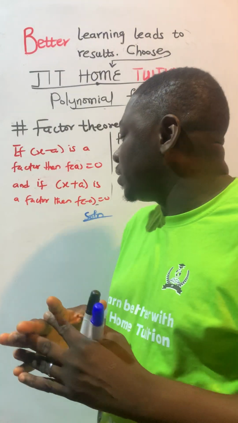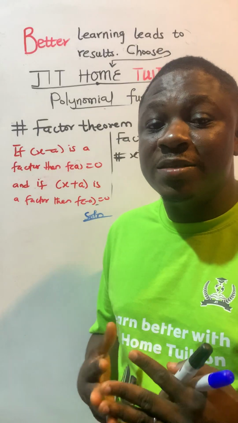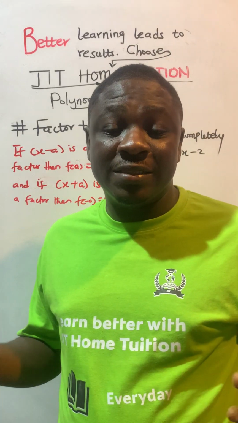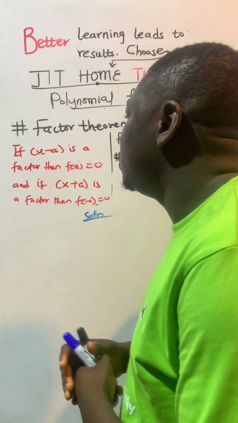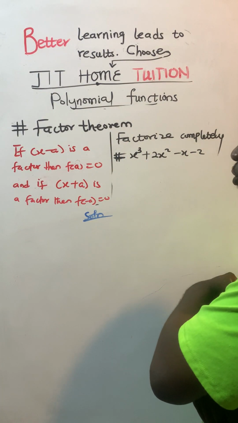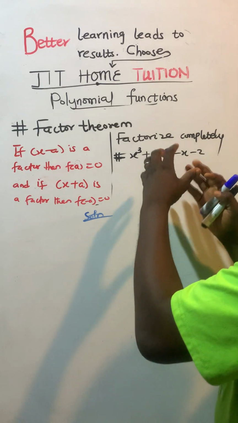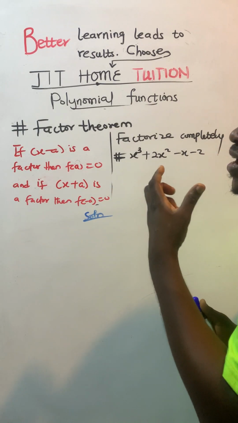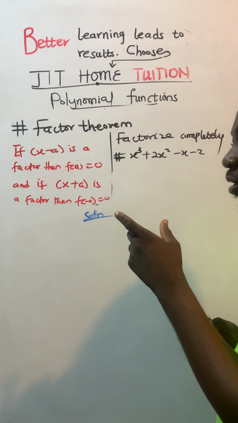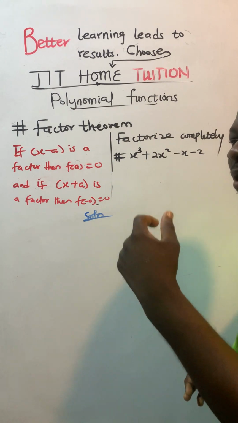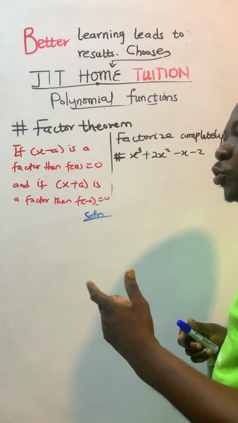In today's session, we are going to solve more examples under the factor theorem for us to get a better understanding. In our previous video, we said that for you to solve this, you need to find a factor. That factor is what you are going to use to divide the expression. But how do you get a factor?